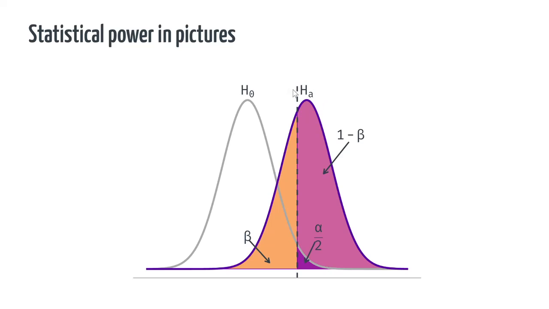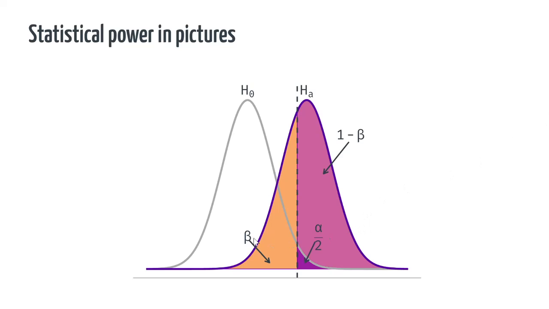That's why it's way harder to actually commit a type 2 error for bigger effects. However, for very small effects, where these two distributions are very close together, it's very likely, depending on my sample size, that I actually make a mistake. And for instance, not reject the null hypothesis when I should reject the null hypothesis, given the true values.